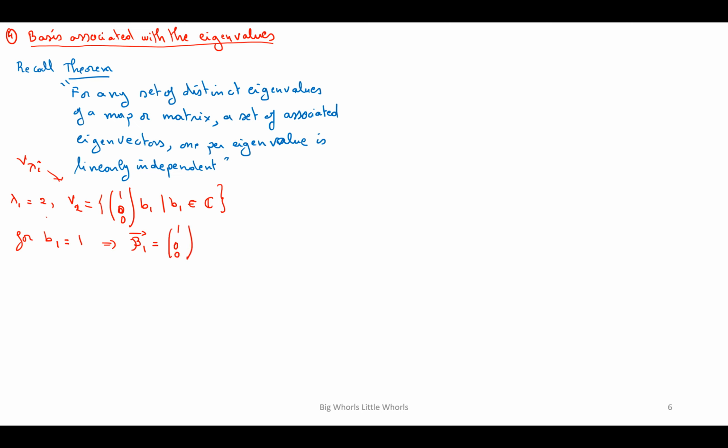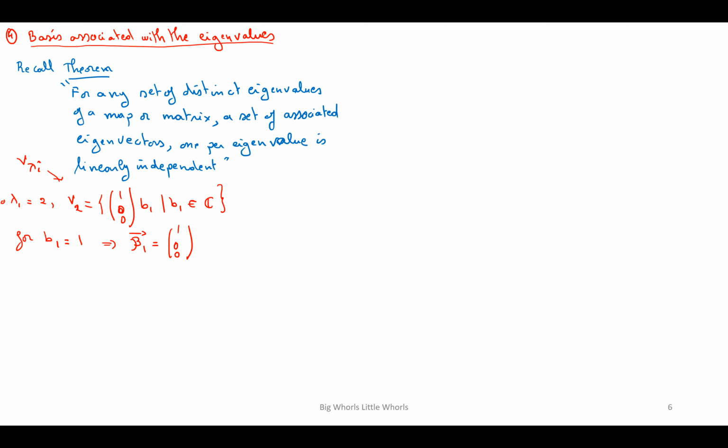I can pick b1 equals 5 or 10, but let me go for something very simple.